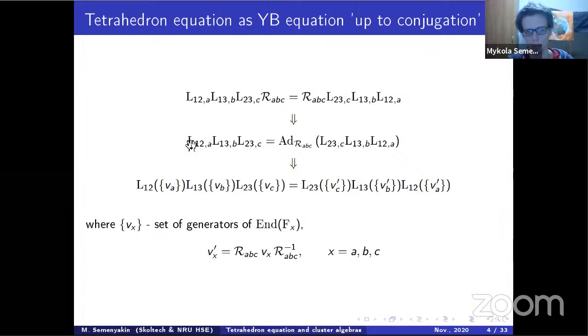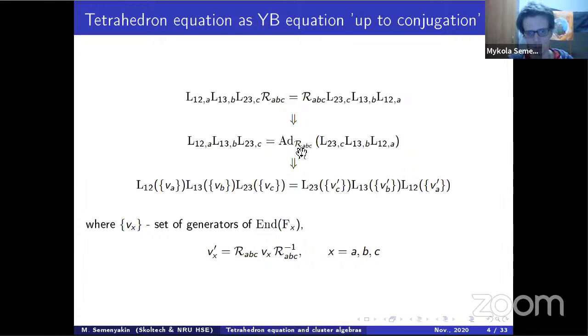So this is in contrast to the Yang-Baxter equation, where matrix elements of R matrices are just numbers. Here, matrix elements of R operators, or here L operators, are some operators. So these are operator-valued matrices.